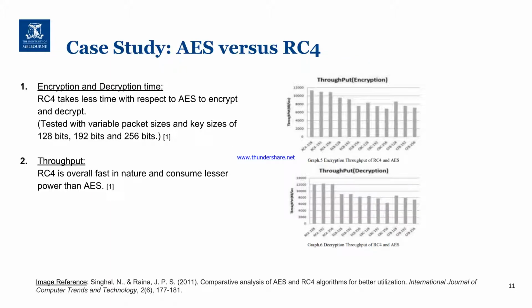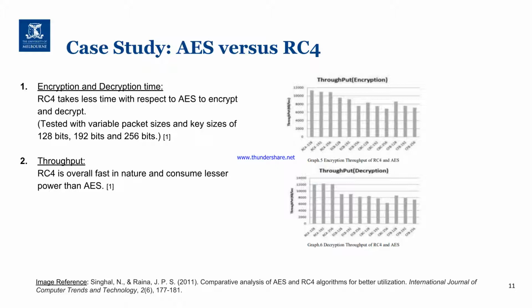Next, we move on to the case study. In this case study, AES and RC4, the block cipher and the stream cipher, were implemented on a single computer, and we compared different metrics of the computer, the hardware metrics.